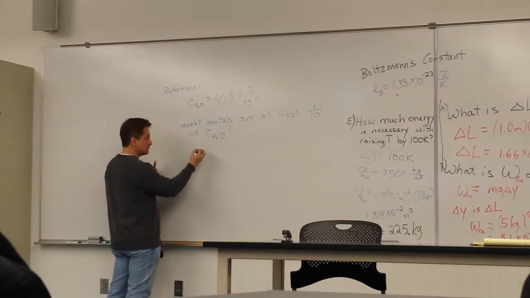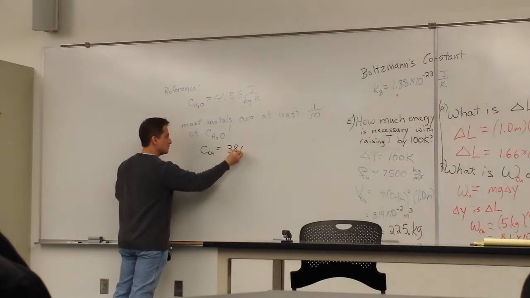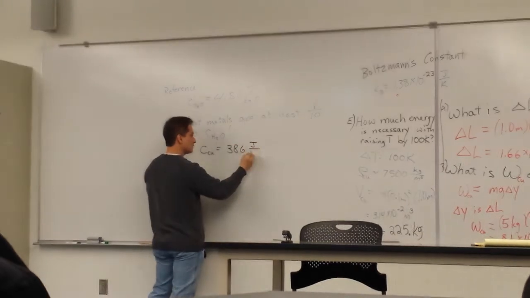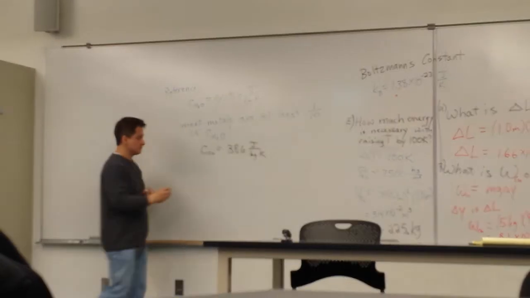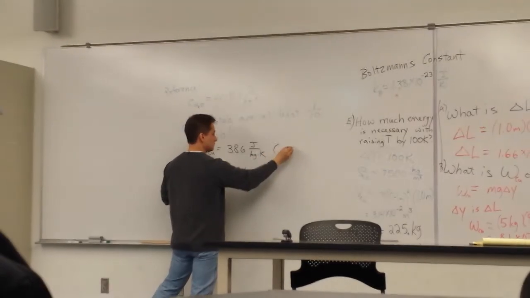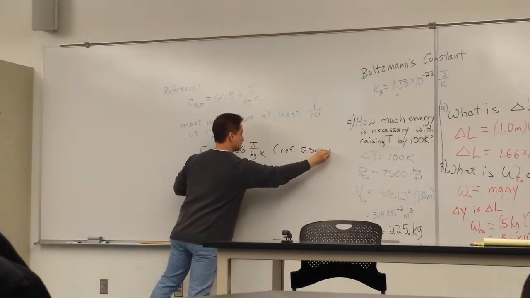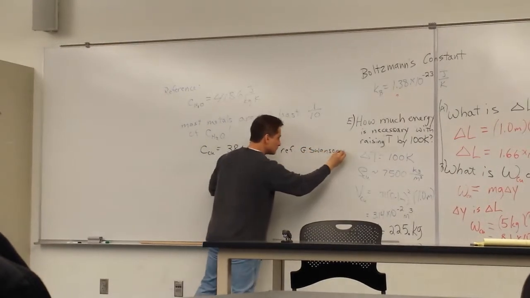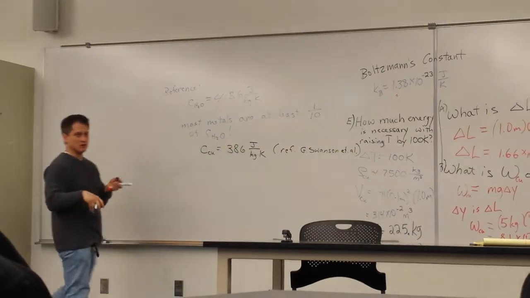So for copper, as per Gustav, it's about 386. It's also right here on the reference page, 525.